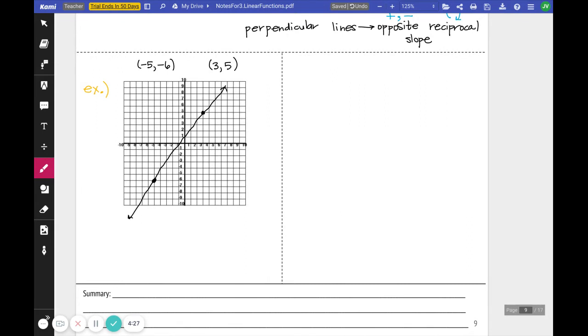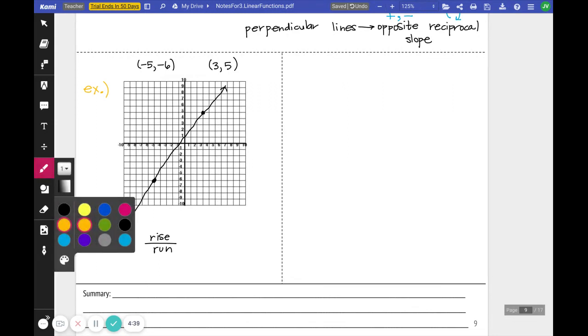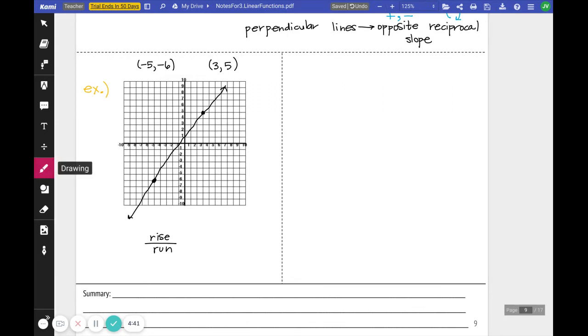Awesome. Now when I do this, I'm going to use rise over run. So rise over run. Here we go. I'm going to rise up 1, 2, 3, 4, 5, 6, 7, 8, 9, 10, 11.